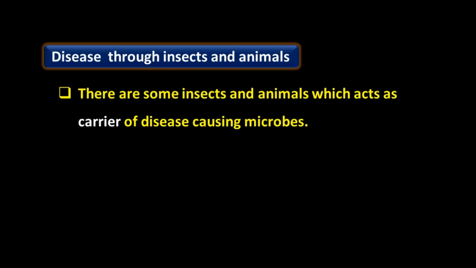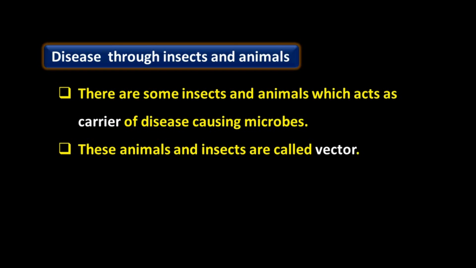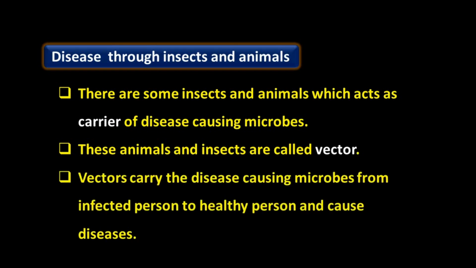So these insects and animals are known as carriers of disease causing microbes. These animals and insects are called vectors. They carry disease causing microorganisms and transfer them into the healthy person's body. Vectors carry the disease causing microbes from an infected person to a healthy person.